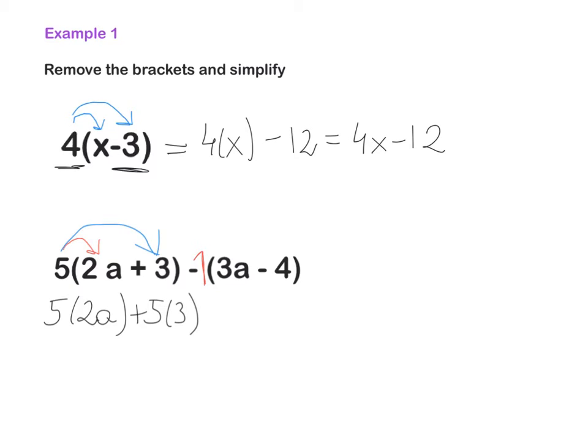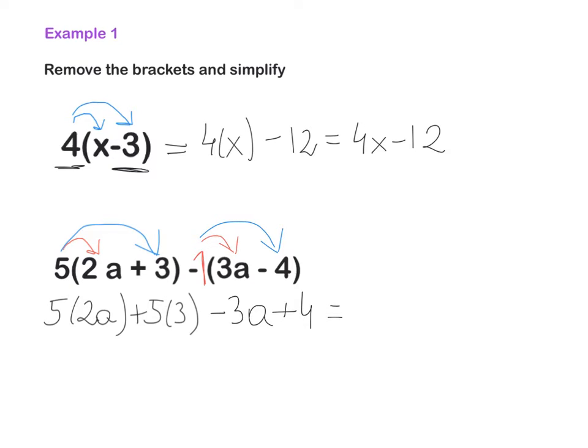Or you can simply bear in mind, if we have minus and no number, we need to change every single sign in the bracket. So minus 1 multiplied by 3a gives us minus 3a. And minus 1 multiplied by minus 4: we are multiplying two negatives, so the answer is positive.